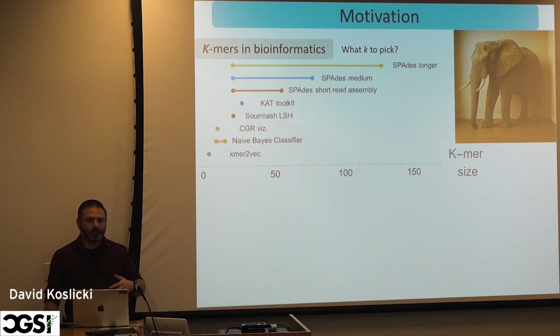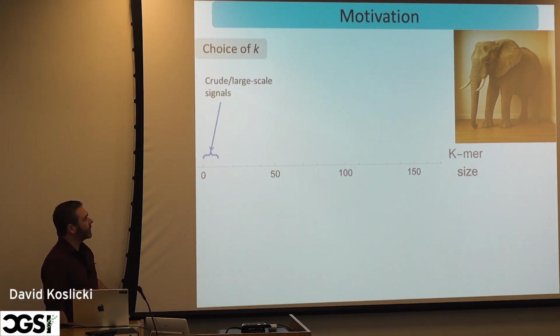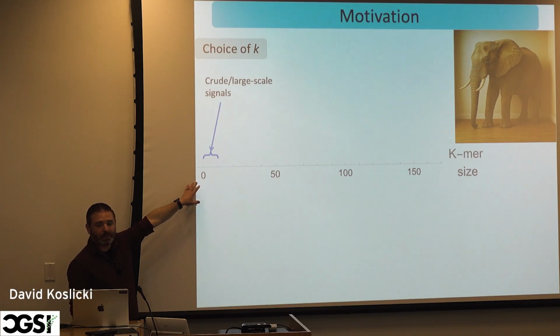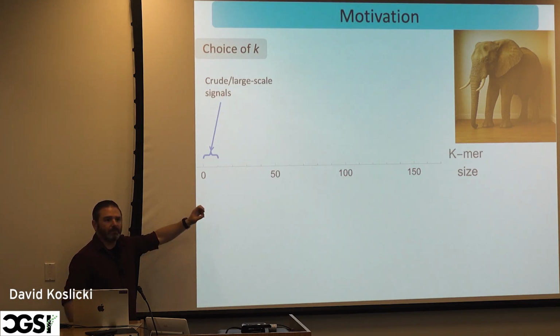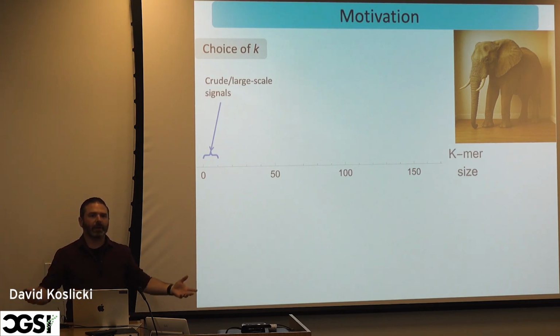And there is a little bit of folklore that you can abstract from this situation in that small k-mer sizes are usually used for very crude, large-scale kinds of signals, things that are kind of obvious, like classifying things at the phylum level.